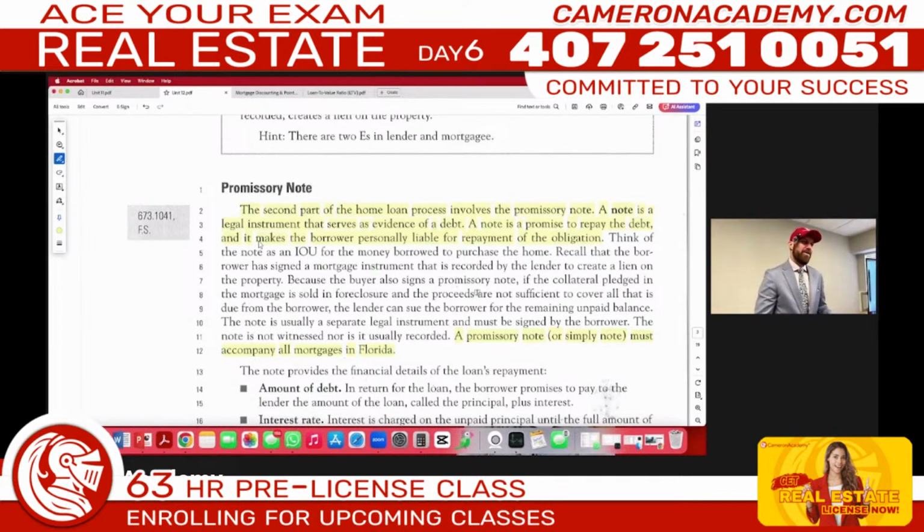Have you ever heard of an IOU before? People write on a piece of paper IOU and they write down a certain amount of money. So it's a legal form or a version of that. But there's more details. Not just the promise that you're going to pay a certain amount, but for what? How often are you going to repay the debt back? At what interest rate? And what happens if you break your promise? We'll see that next.